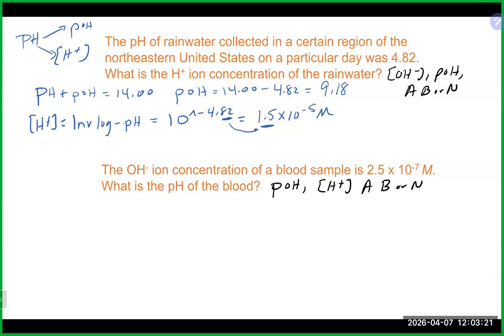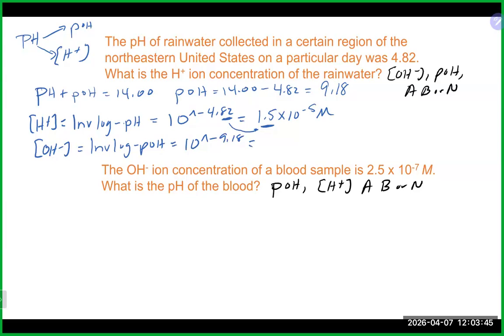At this point, you do have a couple of options to get to the hydroxide concentration. You could absolutely use Kw like we did before. You could also do the same calculation with the pOH, which is OH- is equal to the inverse log of the negative pOH, 10 to the negative 9.18.